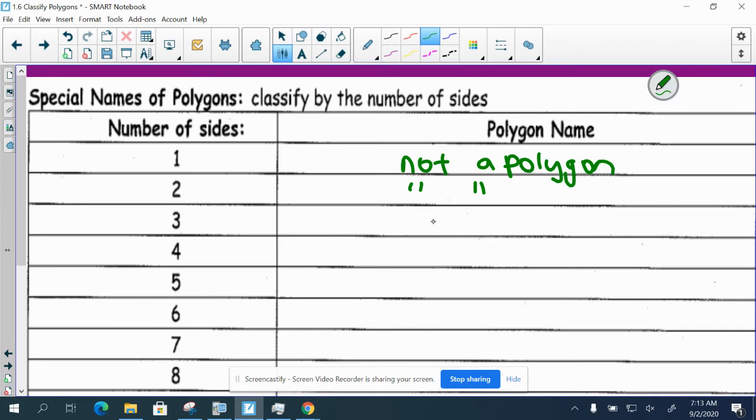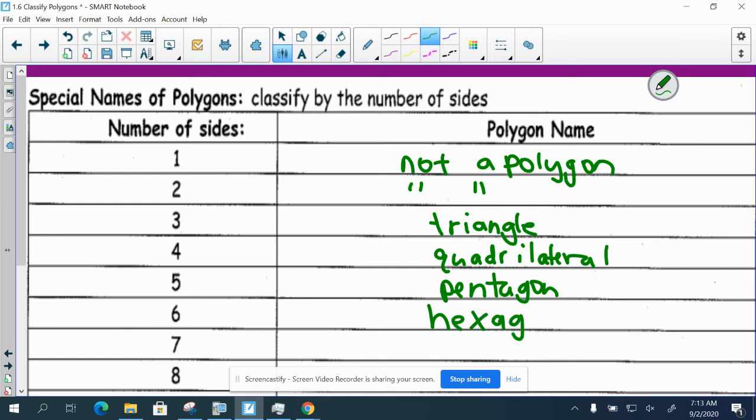Three sides would be a triangle. Four sides, quadrilateral. Five sides is a pentagon. We'll see an example of a pentagon in this lesson. Six sides is a hexagon.